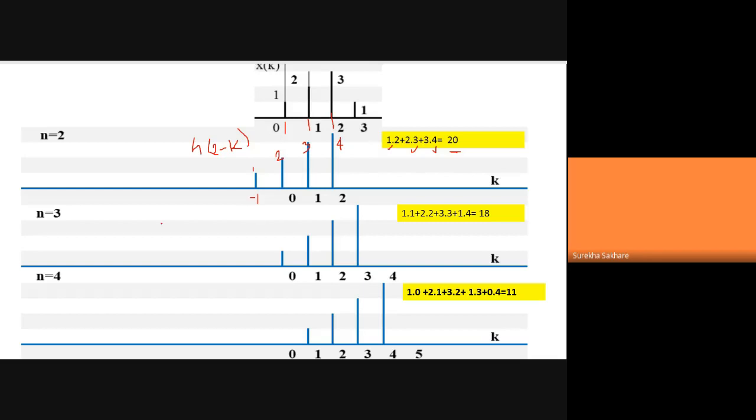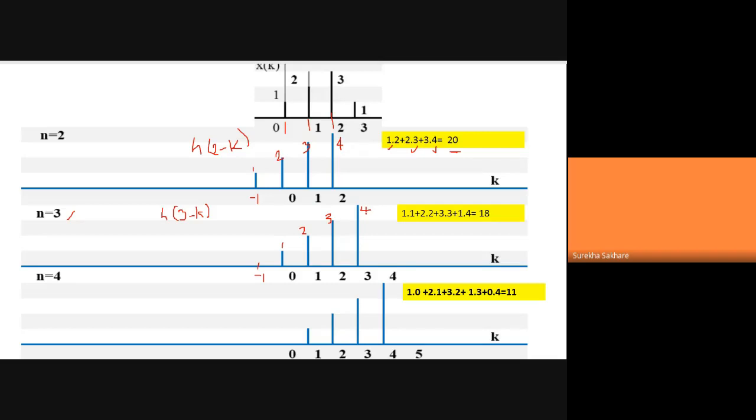Next, I will go for this n equal to 3. So it is h of 3 minus k. Is it not? So with 3 minus k, that means one more step shifted. The simple method is, this is 2, this is 3, this is a 4.